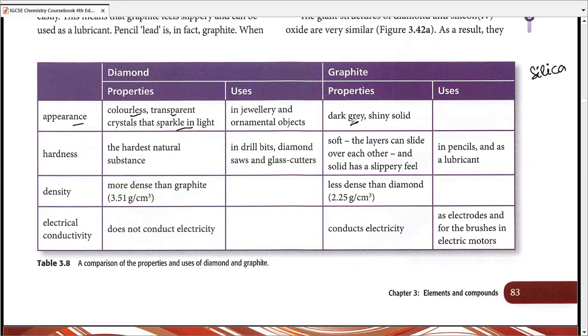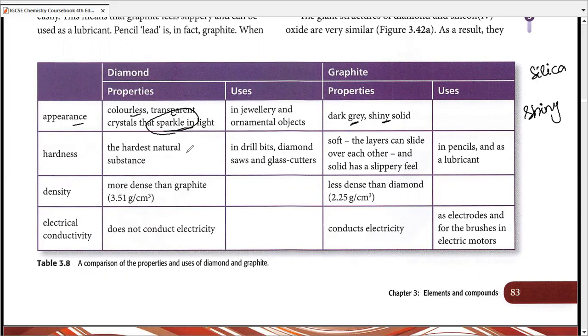However, graphite is just a dark gray and shiny solid. So is silica, they're all shiny. Diamond actually sparkles a lot, because of which it is a very precious stone on this planet. So much so it is used for decoration, and diamond rings are something that women are very fond of. I don't know why they are.